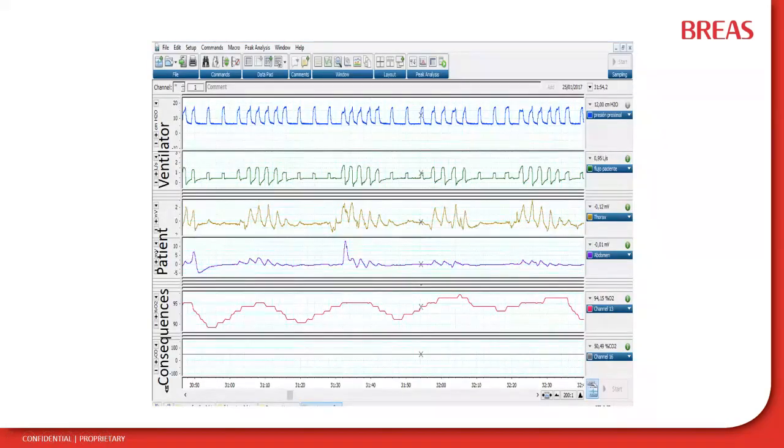For a correct reading of the periodic decrease of flow waveform, we need to know what the patient is doing.